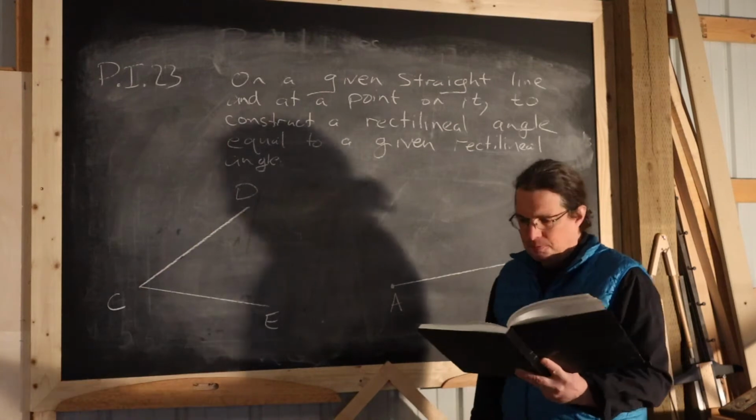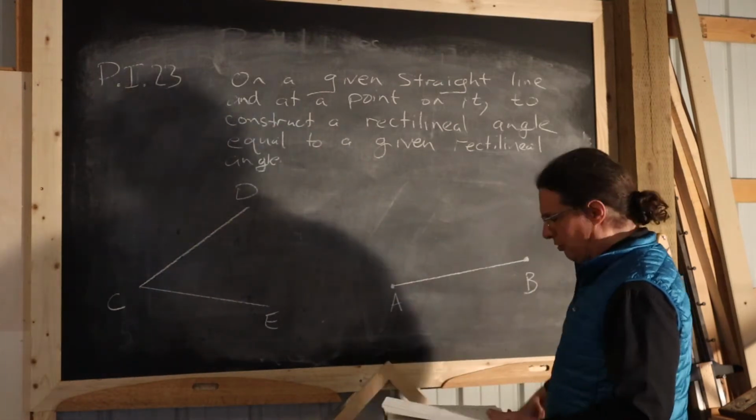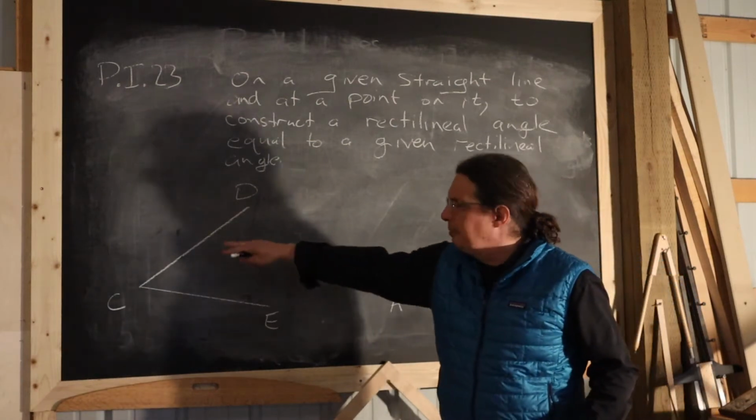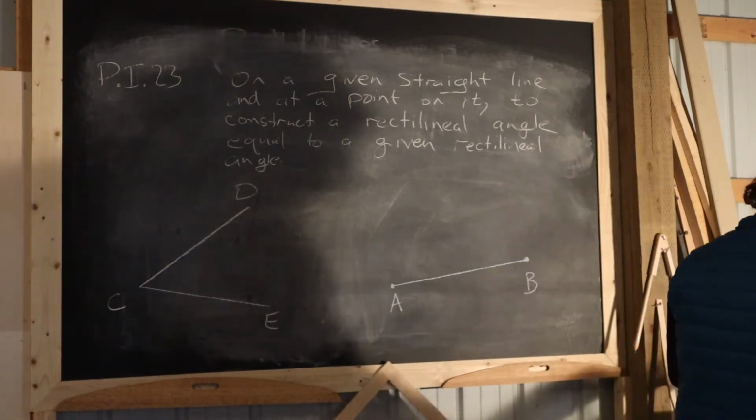There's our given angle. And so we want to construct an angle at point A on AB to match that. Here's how the process works.